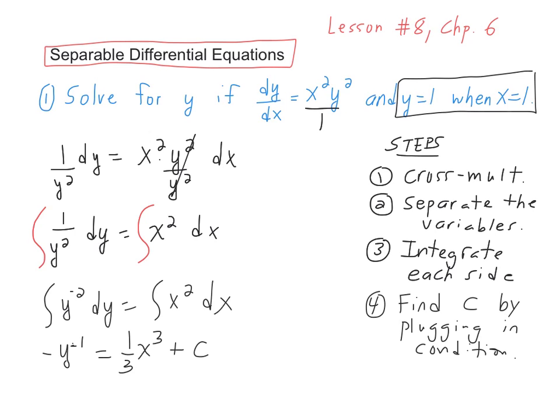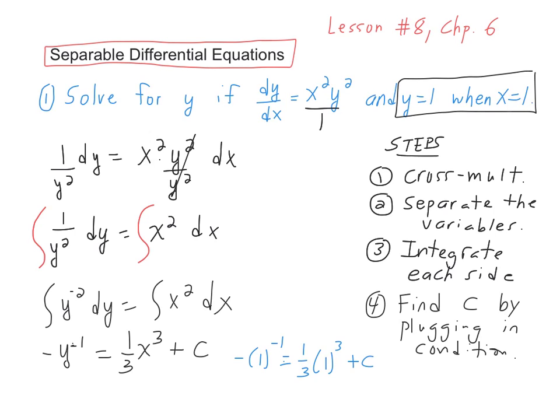So if we do that, we end up with negative 1 to the negative 1. So you just plug in whatever they give you. And then we're going to solve for c. Well, 1 to the negative 1 is the same as 1 over 1 to the positive 1, so that's just 1.